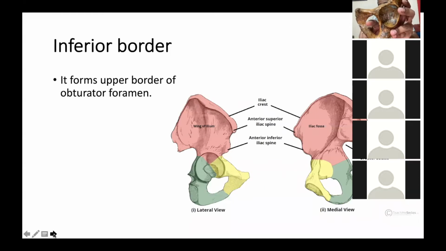The inferior border of the superior ramus forms the upper border of the obturator foramen. So these are the three borders of the superior ramus. I repeat: pectineal line, then obturator crest, and inferior border.